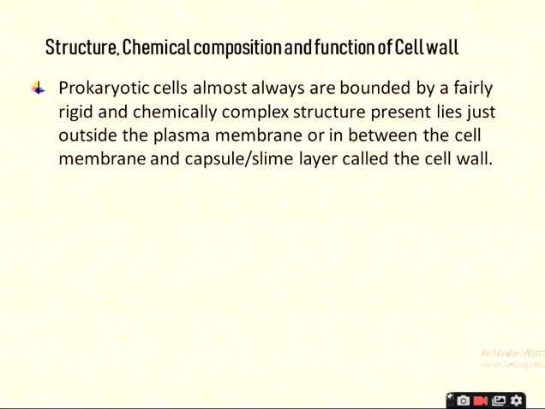For the organism which bears a capsule, the outermost layer is the slime layer or capsule layer. But for an organism which does not bear a slime layer or capsule, the cell wall is the outside layer of the cell.